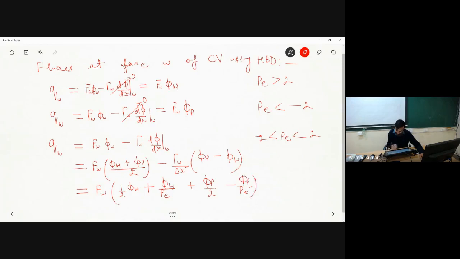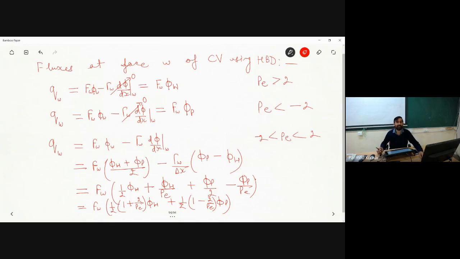Now you segregate the terms involving phi W and phi P. So if you write, it will become FW into 1 by 2 times 1 plus 2 by Peclet number into phi W, plus 1 by 2 of 1 minus 2 by Peclet number into phi P. Okay, so this will be your flux for different combinations of Peclet number.